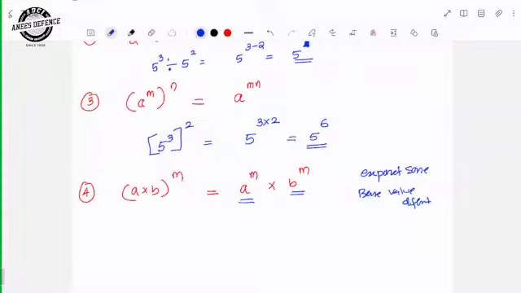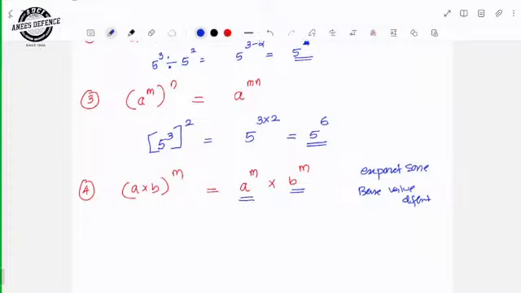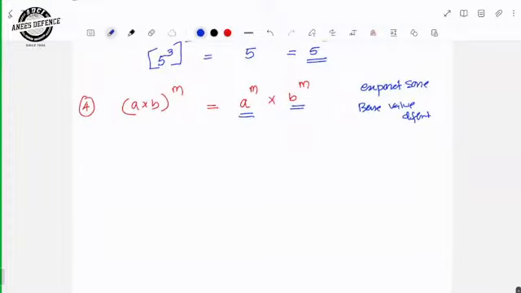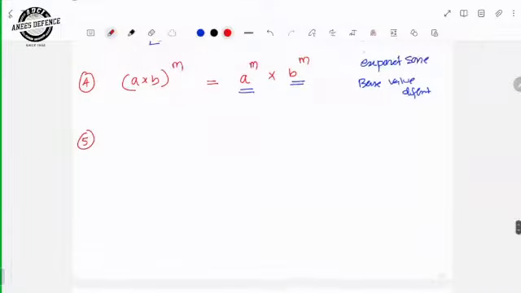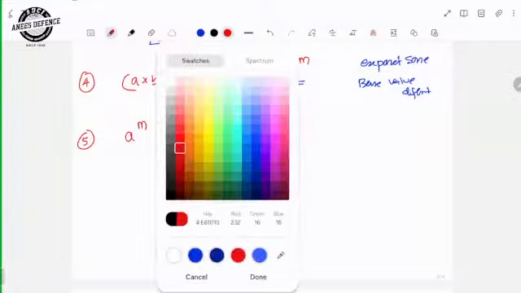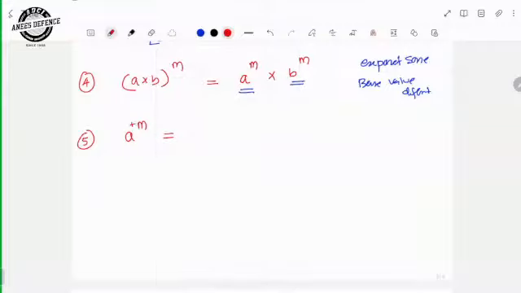Then another one. Some simple rules only. Before that, a raised to plus m can be written as 1 by the positive exponent.